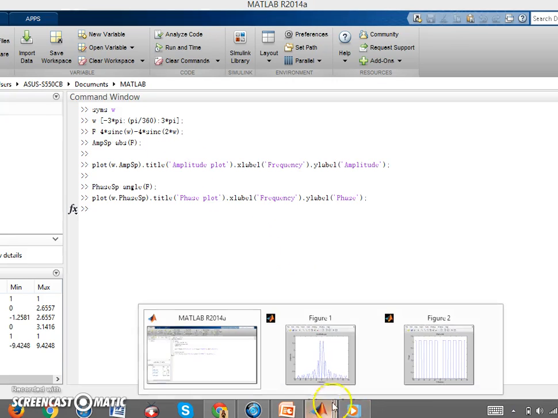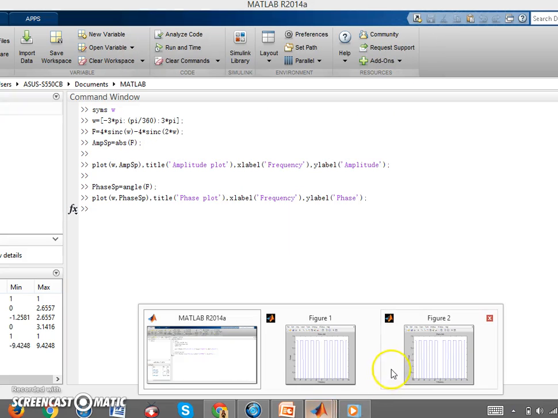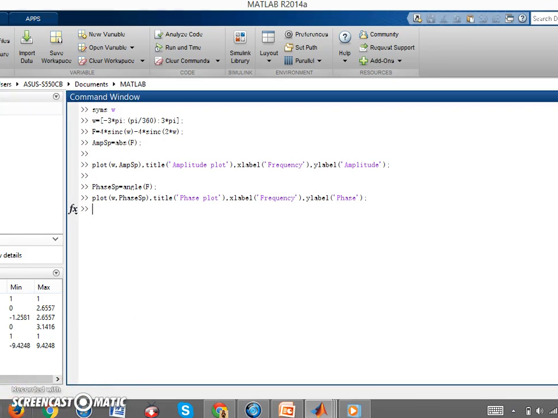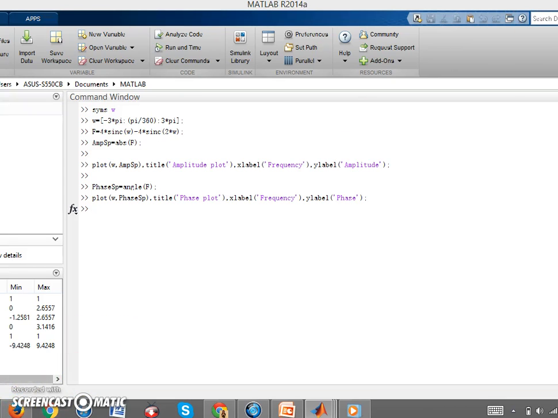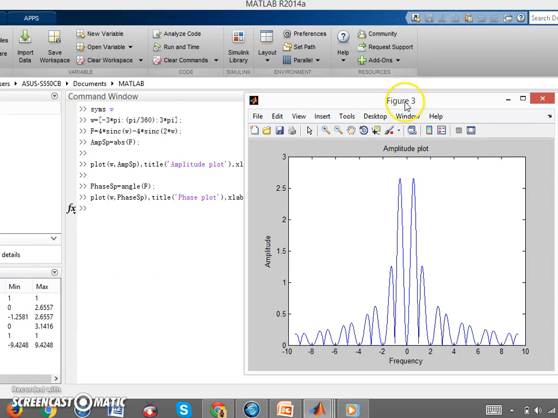After plotting the graph, we will get a graph like this. This graph is for the amplitude versus frequency.